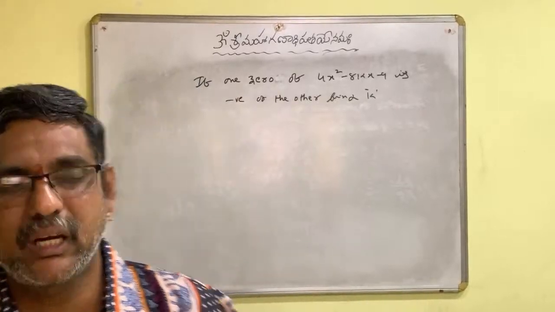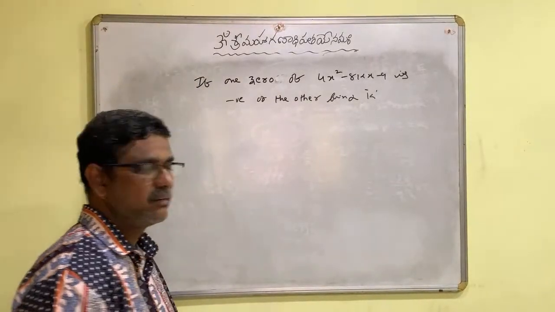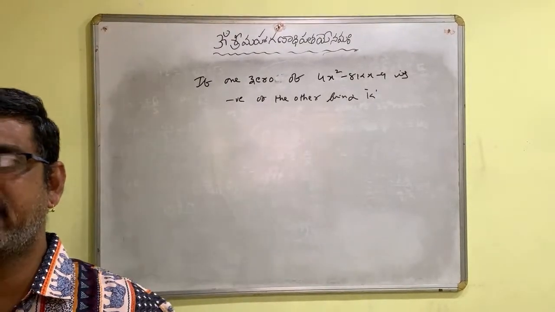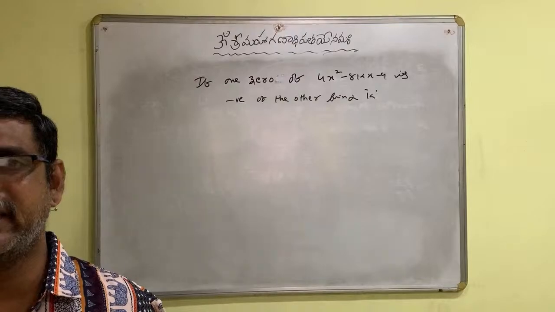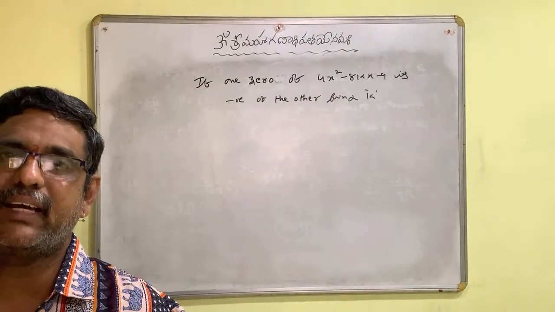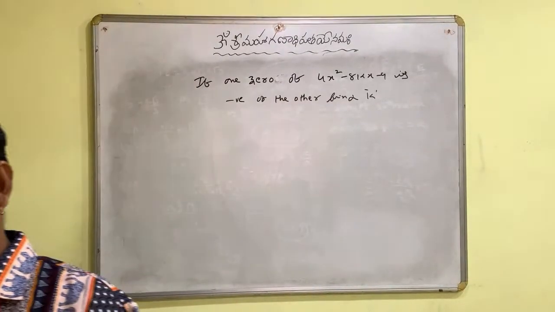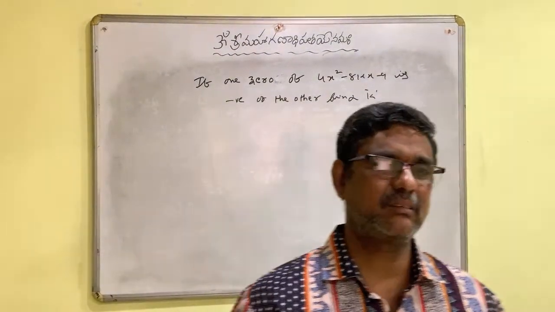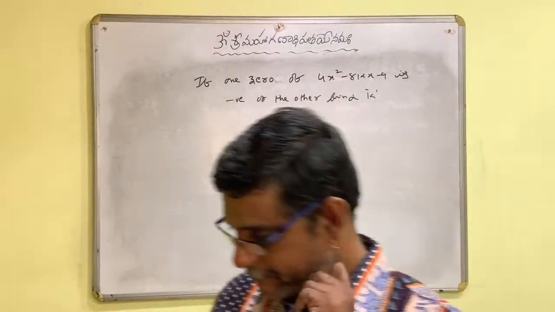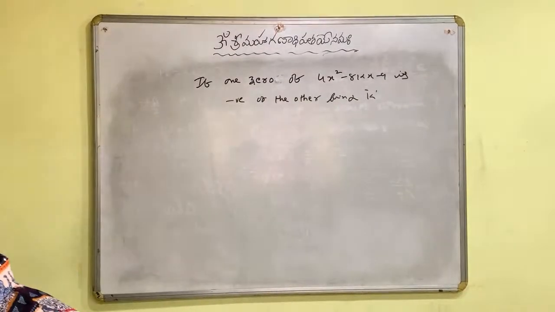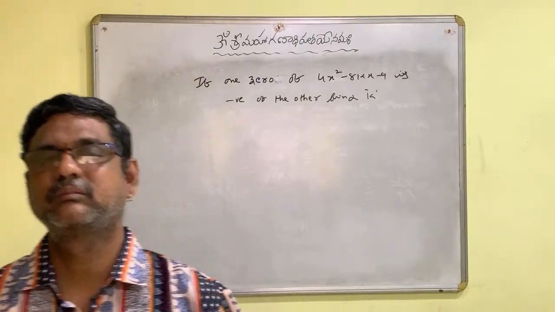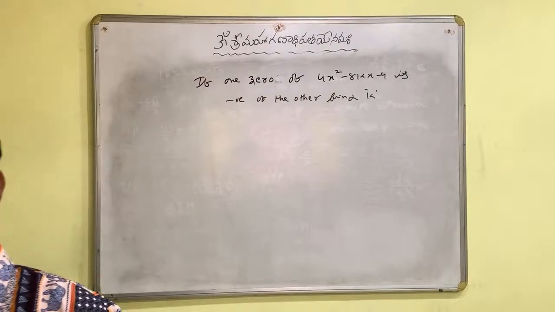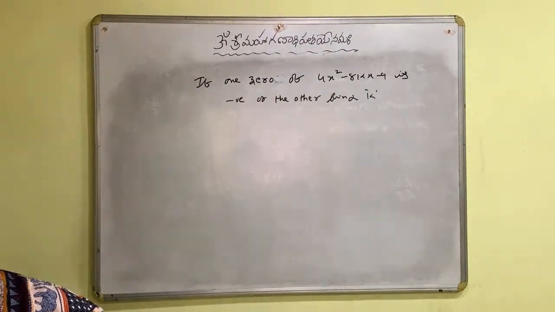Everyone observe the question on the board, children. If one zero of 4x square minus 8kx minus 9 is negative of the other, find the value of k.